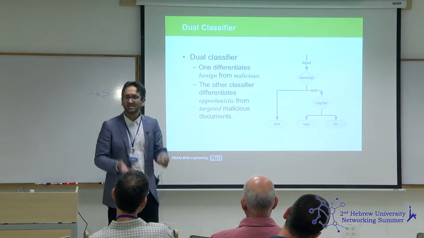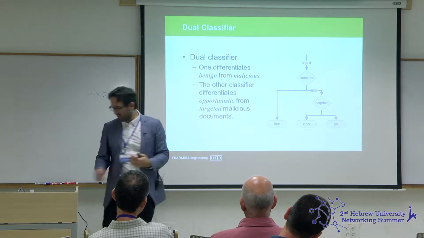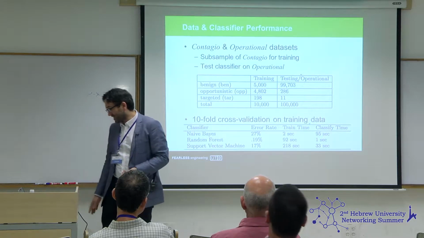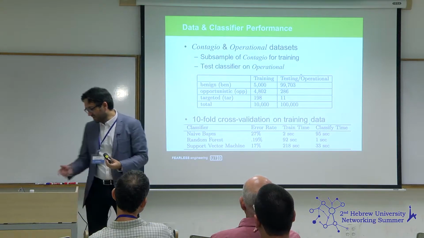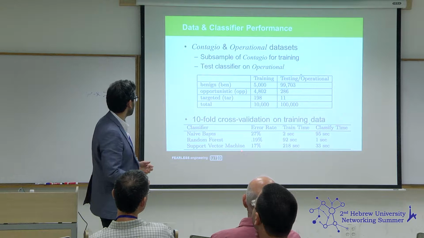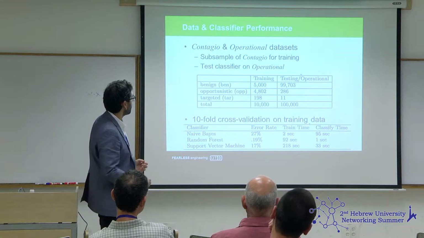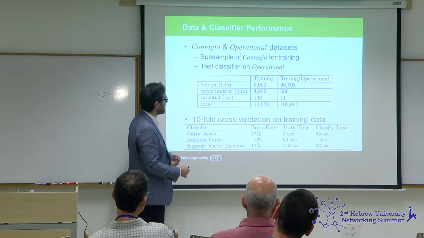So basically, they extracted features. I didn't go into details of the features. And then they applied machine learning techniques. And what they showed is that they have this many instances of malware. They have like 5,000 benign.